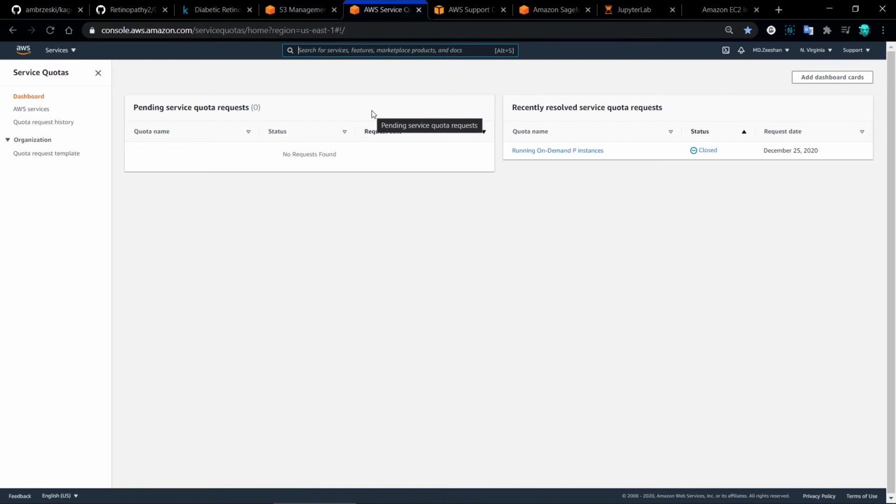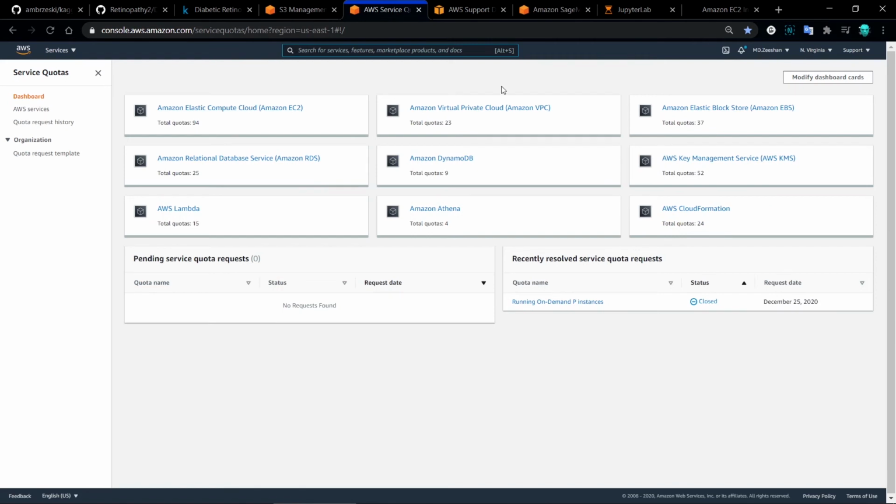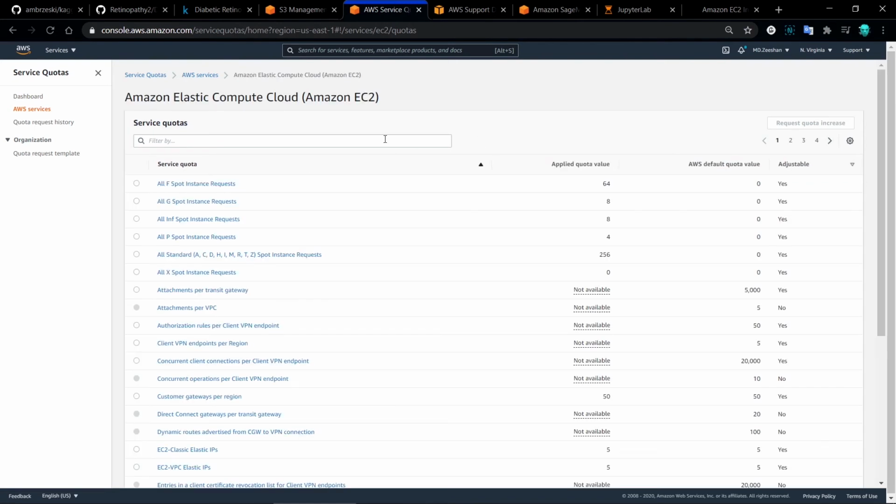AWS is actually so big, buddy. Literally in every region you can have these resources. So EC2 compute capability for the on-demand resources. I think it's still not updated here for spot instances.